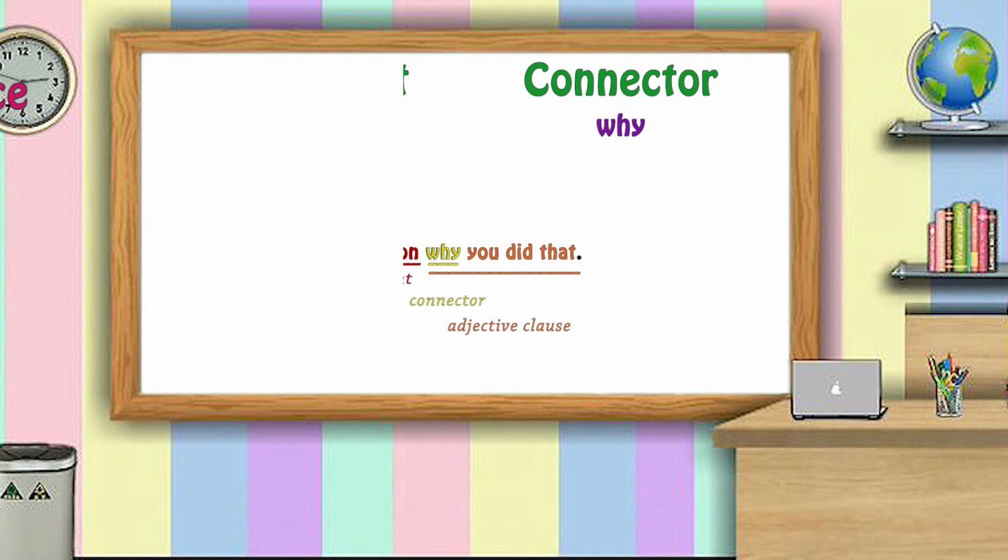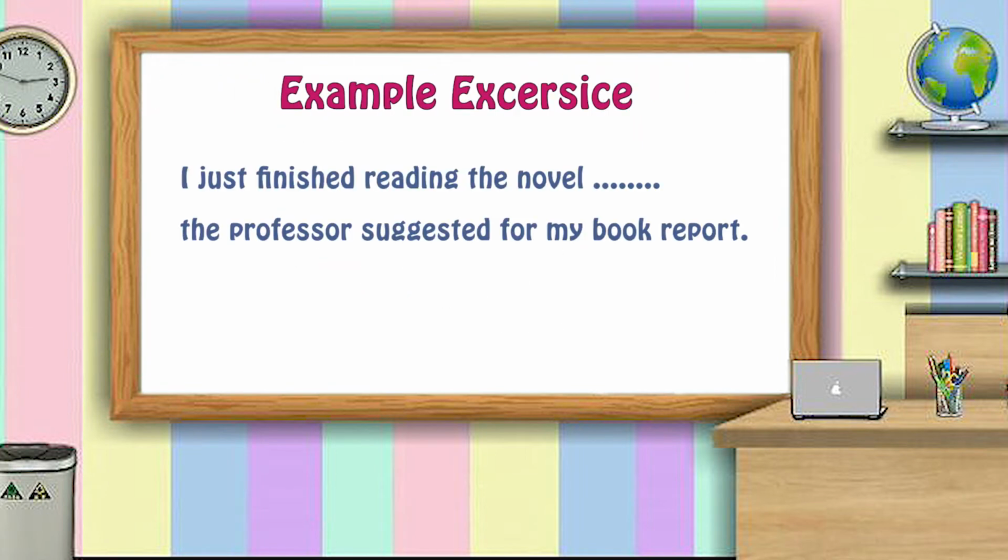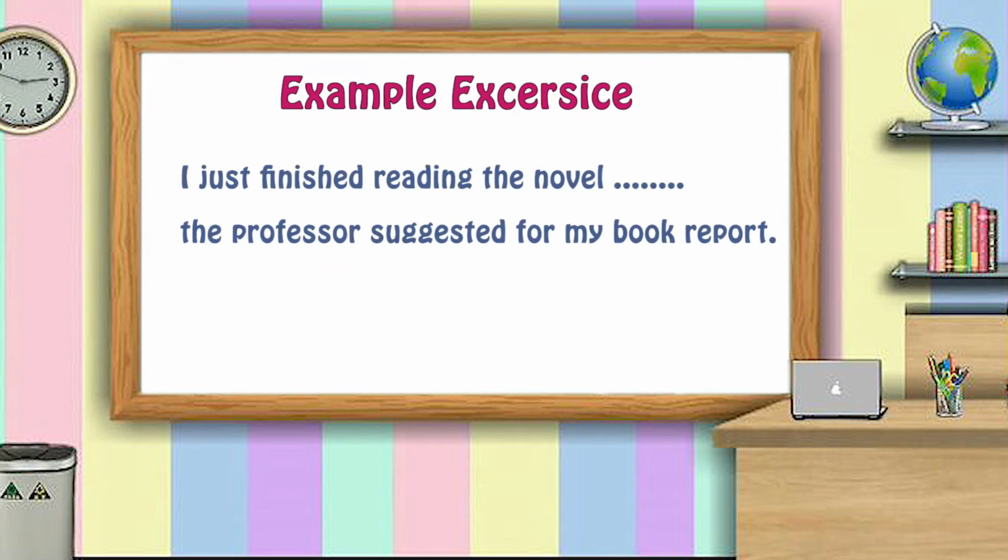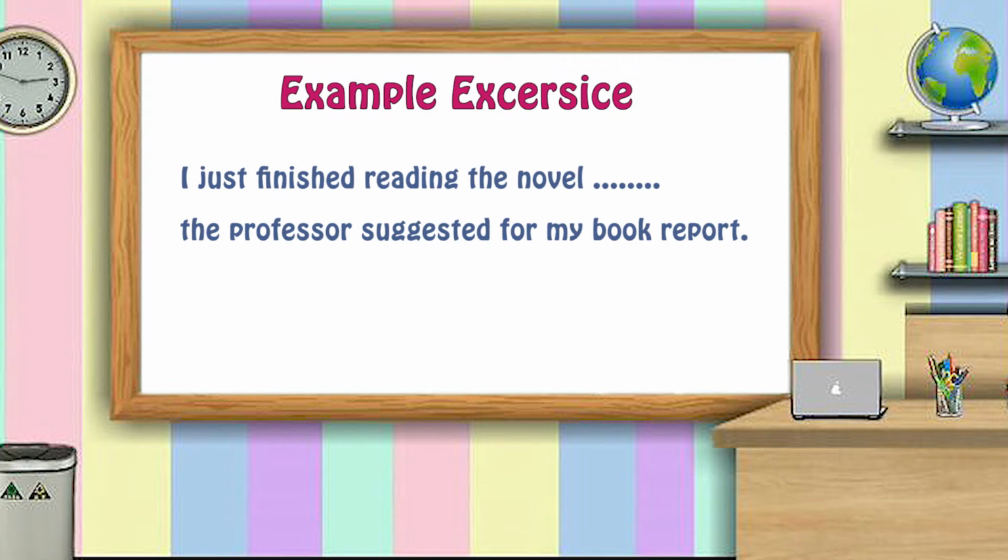Now let's see the exercise here. I just finished reading the novel, blank, the professor suggested for my book report. There are four choices here. A, who; B, because; C, which; and D, where.